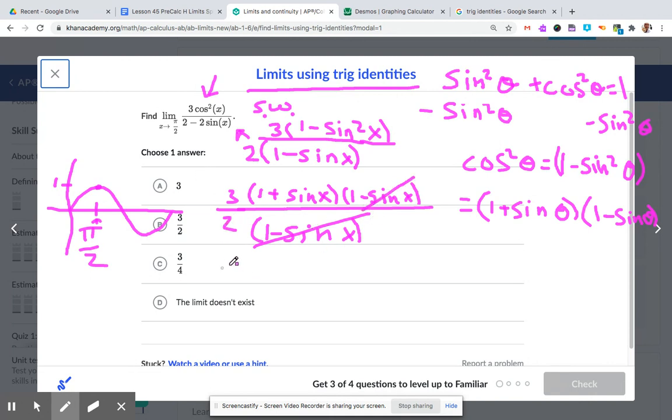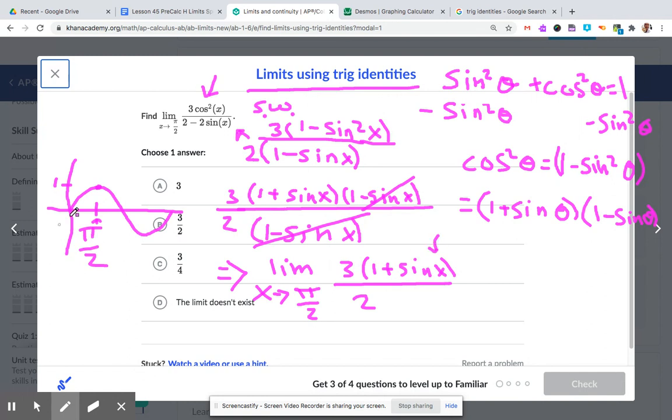All right, so that means that all of this is basically equal to the limit as x goes to pi over 2 of 3 times 1 plus sine of x, and on the bottom is just the 2. And for sine of x, we're plugging in pi over 2.